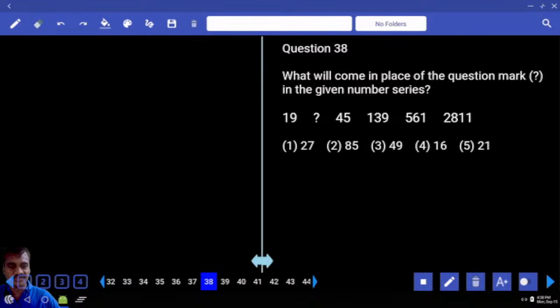Then what is your answer here? Numbers are increasing at a very fast rate. And 45, how many times does it go? 45 into 3 plus 4. Into 4 plus 5. Into 5 plus 6. And into 2 plus 3. Into 1 plus 2. How much is that? 21, choice.